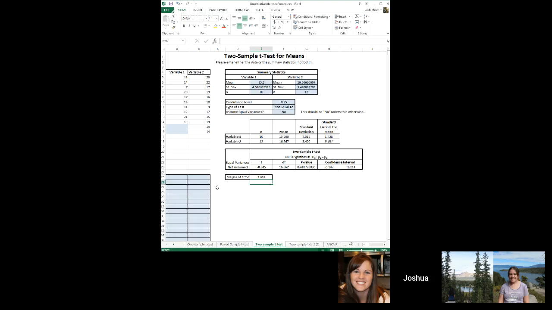So you have the cell and then equals, and then open parentheses, and then click the mean for variable 1 minus the mean for variable 2, and then close parentheses, and then minus the lower confidence interval.